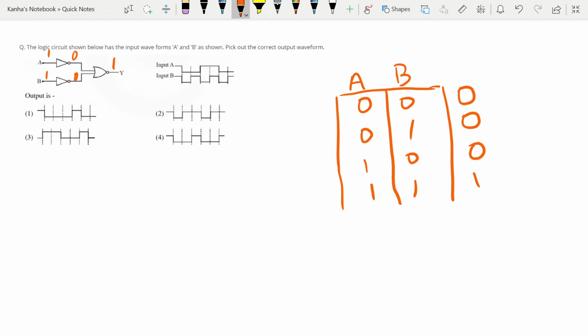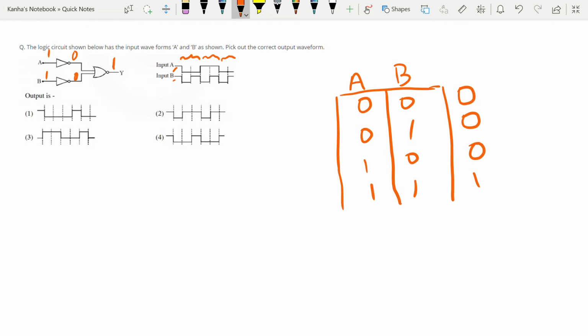Now let's see what my two input waveforms, input A and input B, are. If you look closely, this region is at 0, this region is at 1, this region is again at 0, and both these regions are at 1.